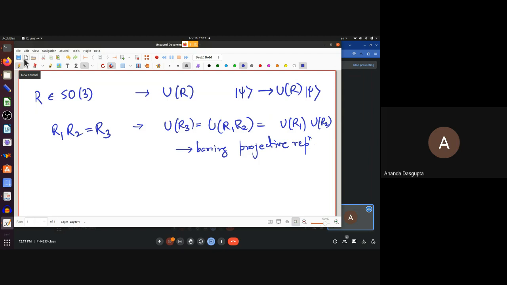That is, you may have to have a phase. We are not going to go into that right now. For us, we are just going to look at a non-projective representation, which is the simple case that U of R3 is U of R1 times U of R2. In other words, this map U essentially is a homomorphism from the group SO3 onto the group of linear transformations, or at least a subgroup of the group of linear transformations which act on your Hilbert space. Is this clear so far? Any questions about this?